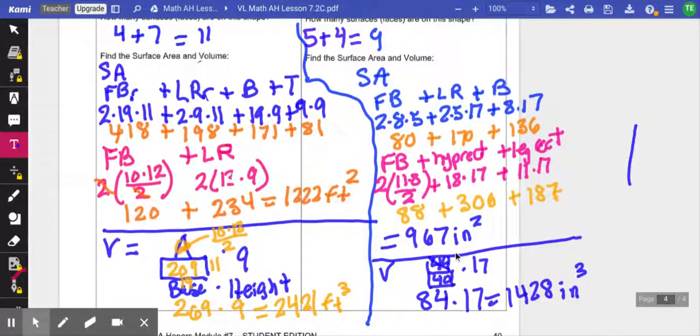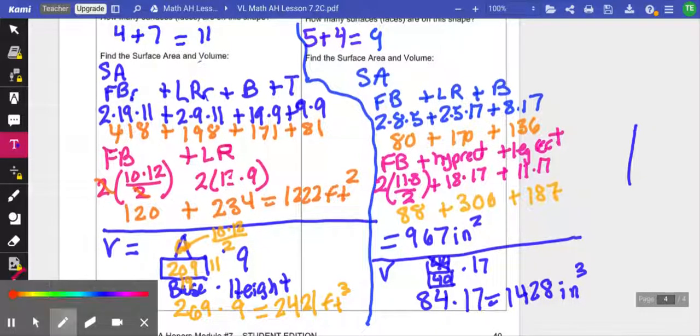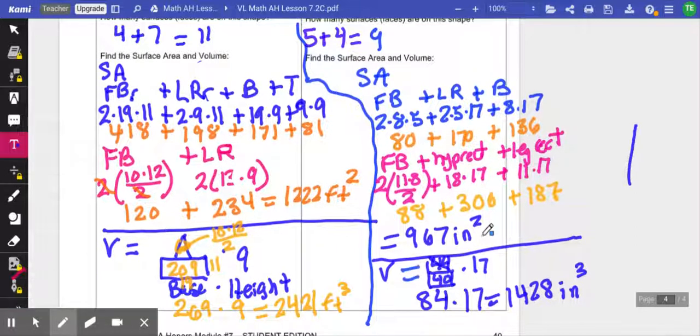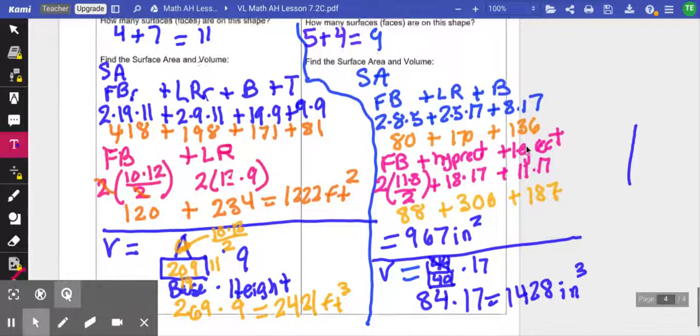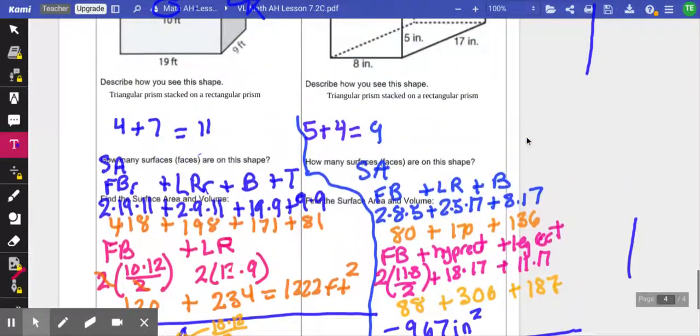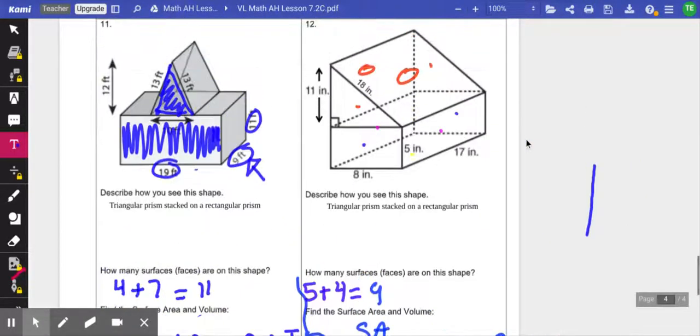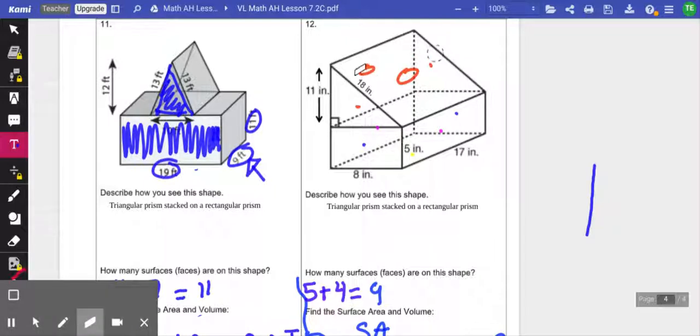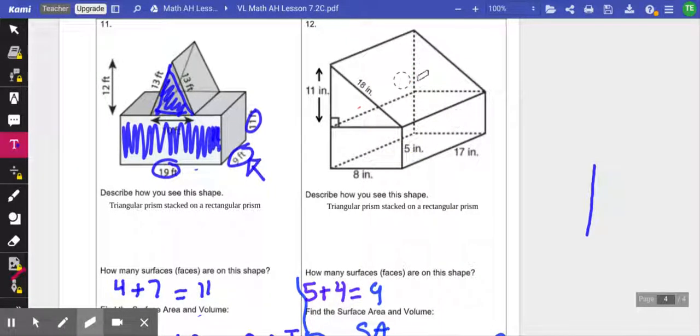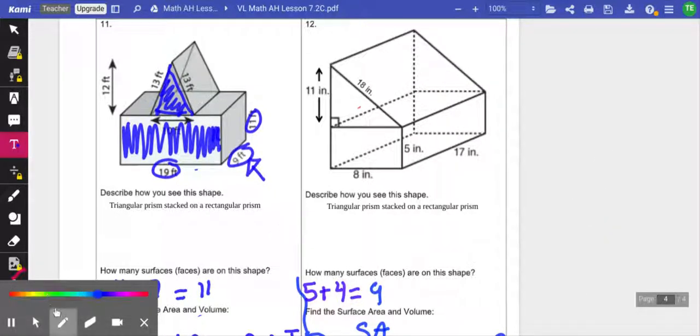Okay, volume. I want to find the area of the base times the height of the prism. So when I looked at this funky shape, let me erase my dots here. I thought of this as my base, this trapezoid or this rectangle with a triangle on top.